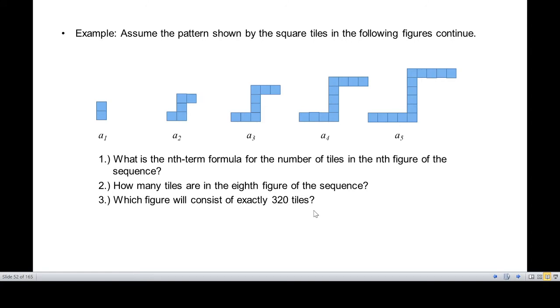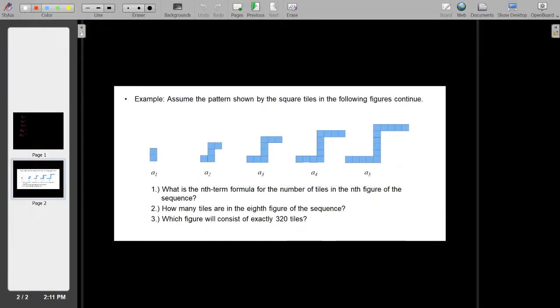Okay, let's go to our blackboard. This was our figure earlier. So let's try to determine some patterns. Notice that in the second figure, you have 2 tiles each in the horizontal section.